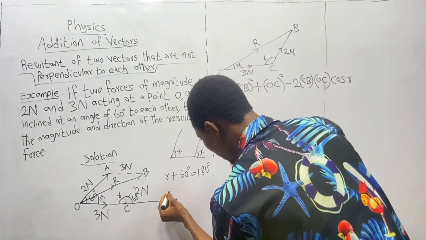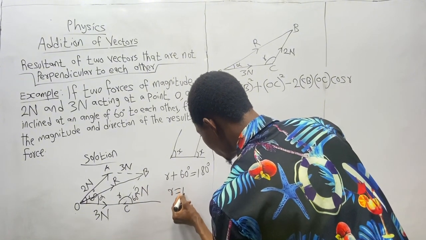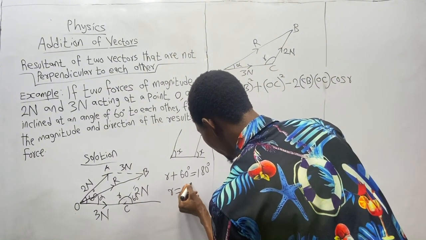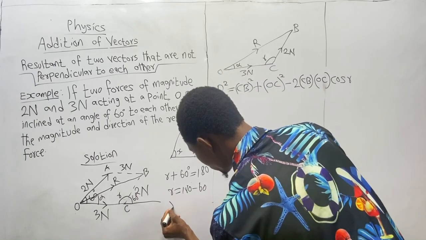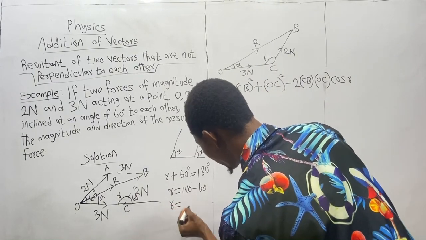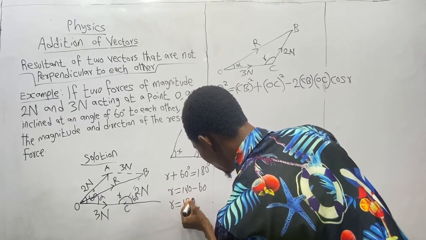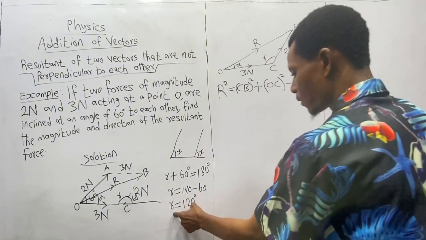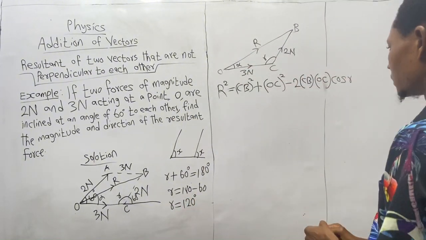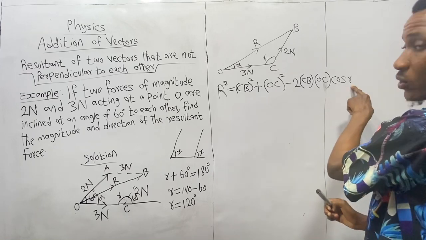Therefore, arrow will be equal to 180 minus 60, so your arrow is 120 degrees.